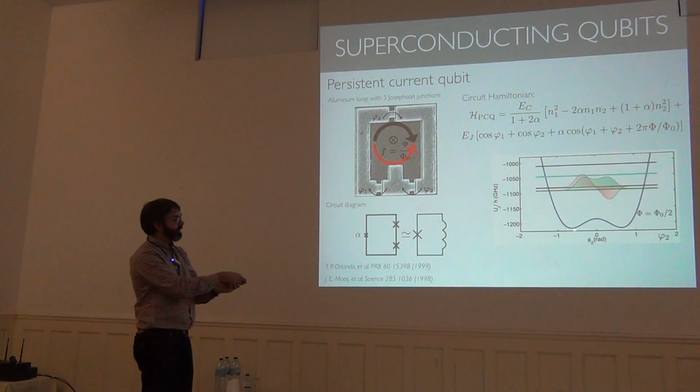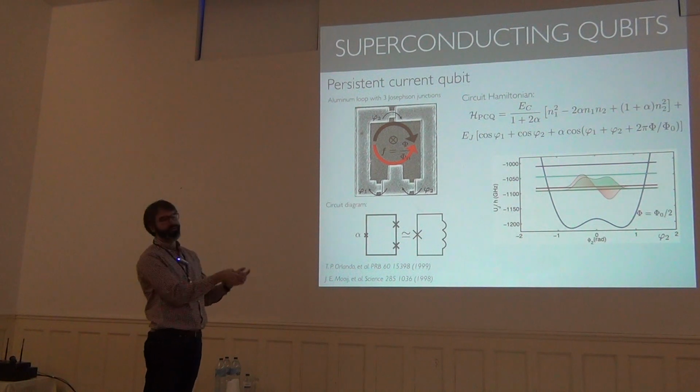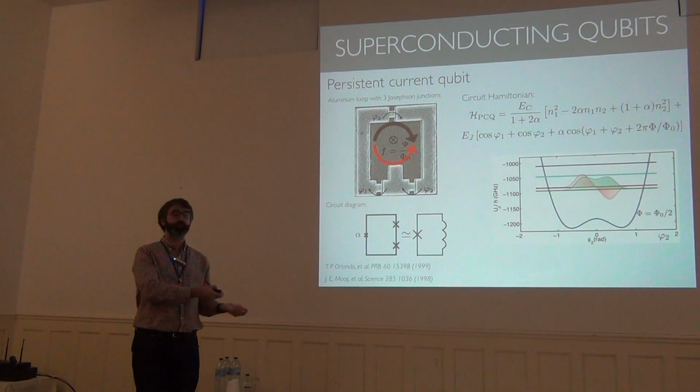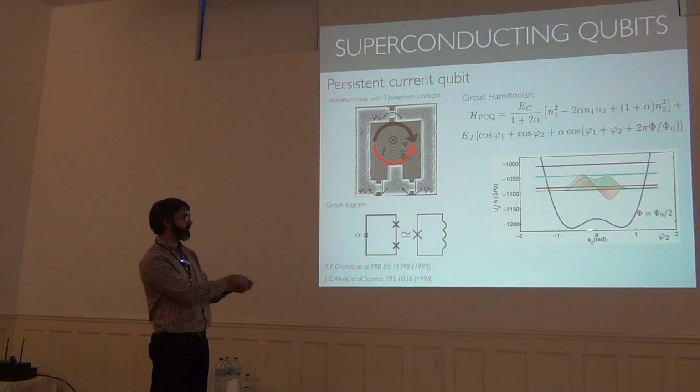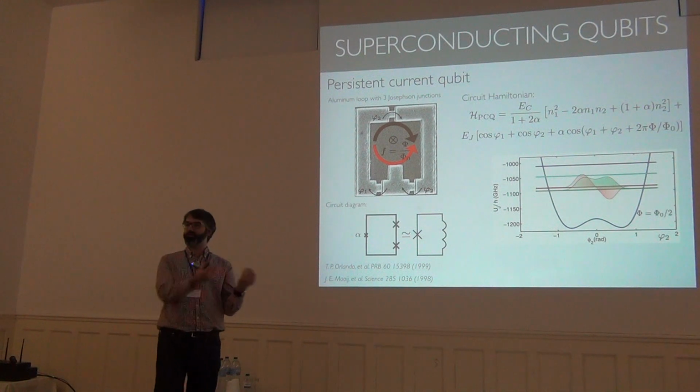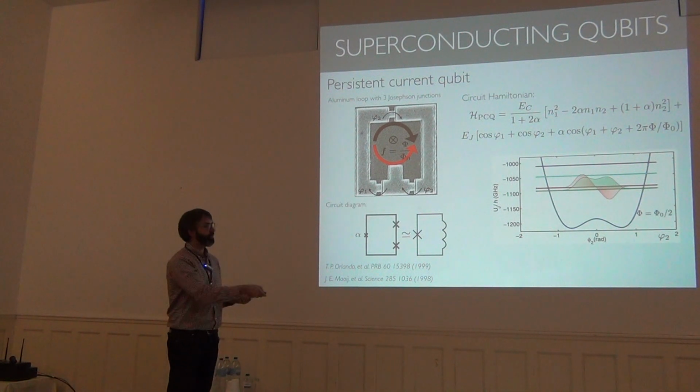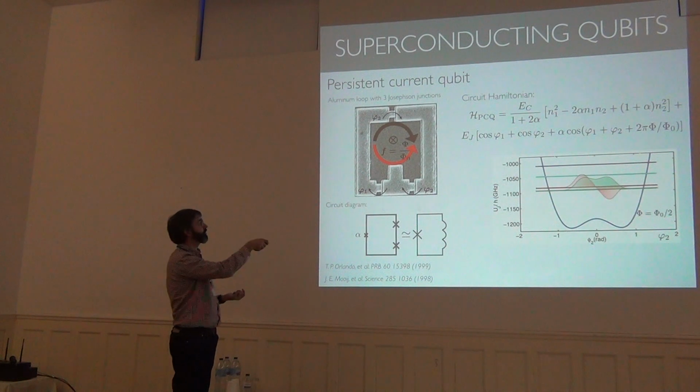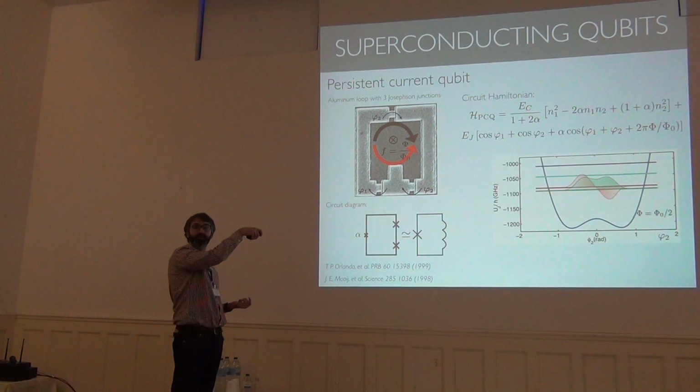So you see a minimum of this double well potential represents a classical solution. So it is a finite phase. And the 2 solutions have the same phase but opposite sign. And having a phase across a junction means there is current. So each of these 2 solutions corresponds to current in one direction or the opposite direction.